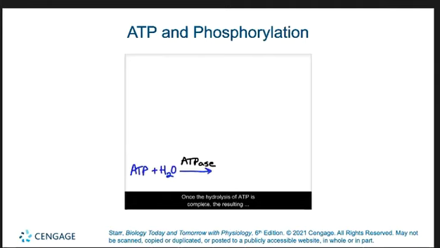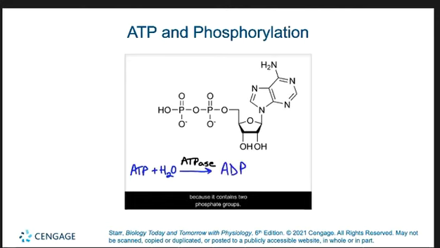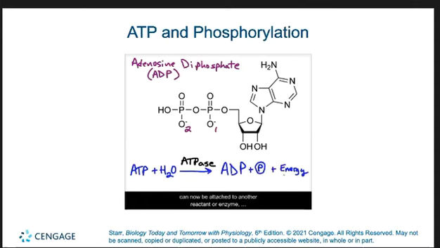Once the hydrolysis of ATP is complete, the resulting product is called adenosine diphosphate, or ADP, because it contains two phosphate groups. The free phosphate group released from this reaction can now be attached to another reactant or enzyme, or be used to synthesize new ATP molecules.